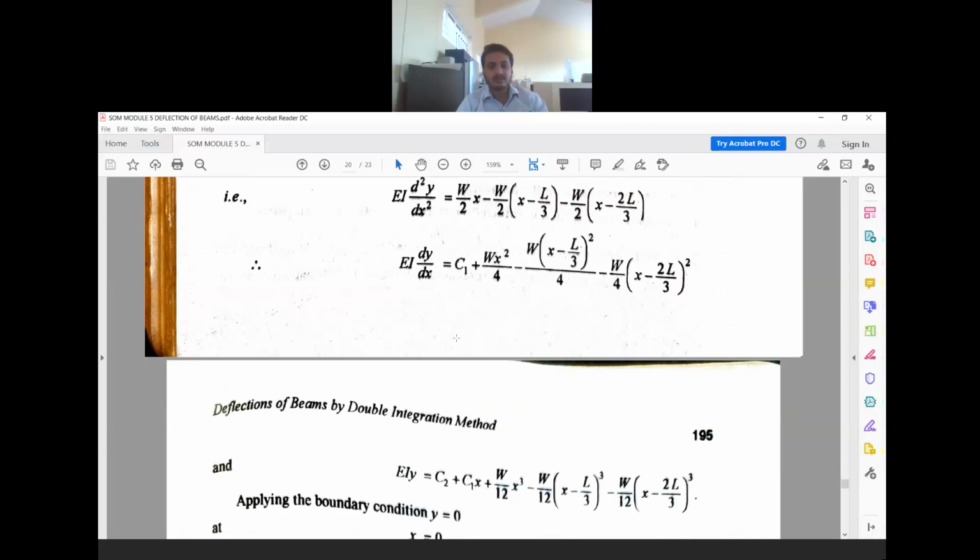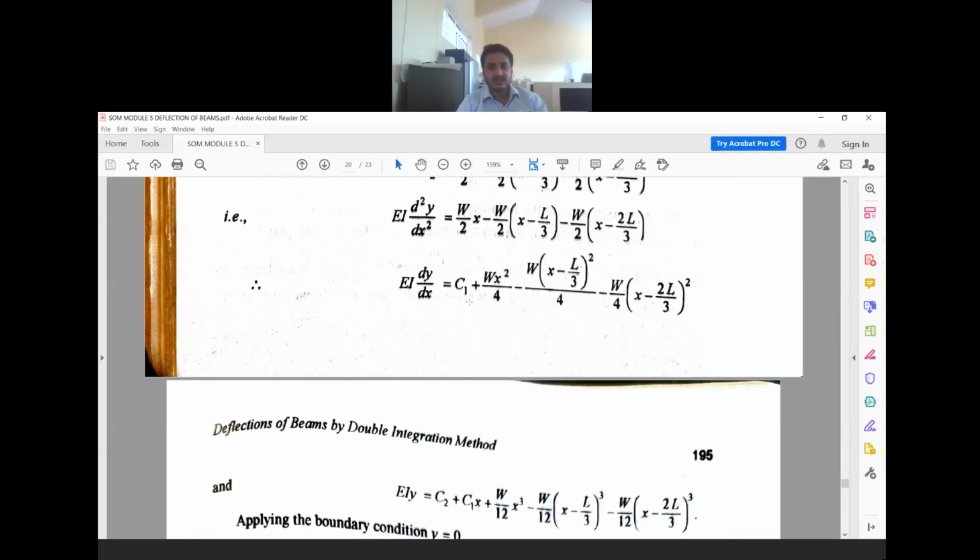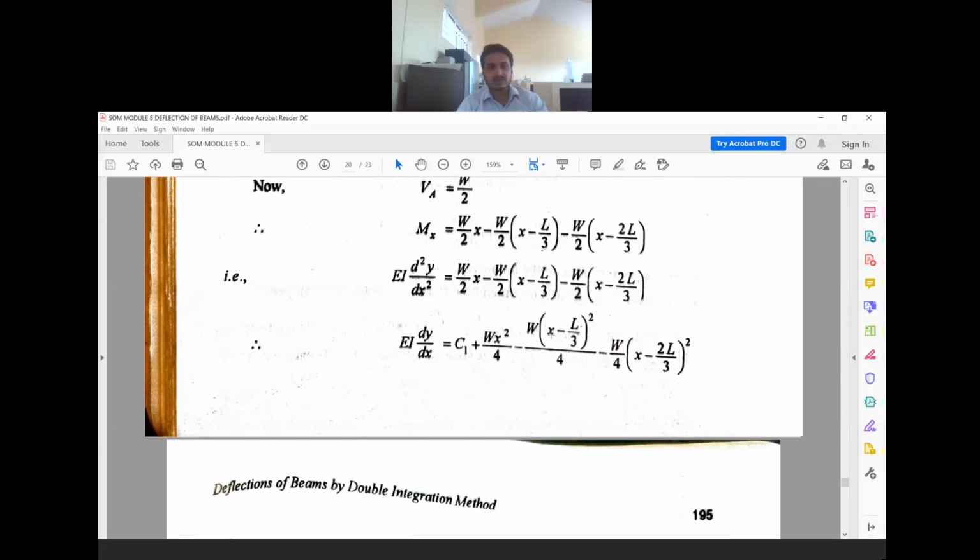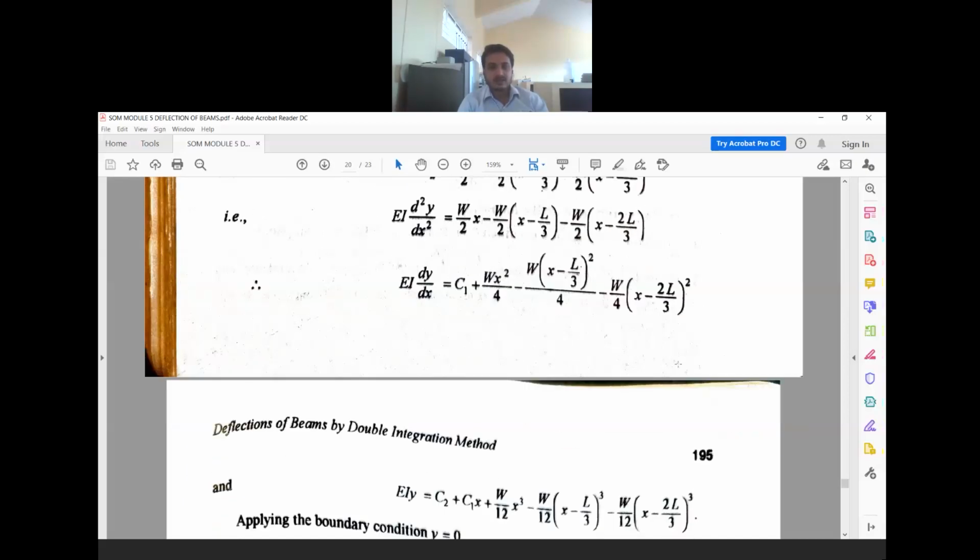Next, after putting it in the equation, integrate it once. Again, you write the constant at the beginning and then keep x minus L by 3 as one term. If it was x, you would have done x square by 2, right? So here it is x minus L by 3, so you make it x minus L by 3 whole square by 2. Similarly, x minus 2L by 3 whole square by 2.